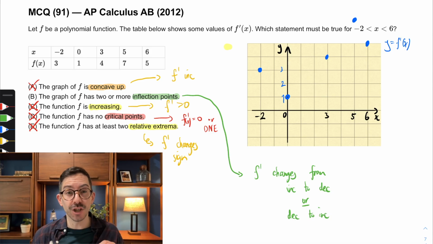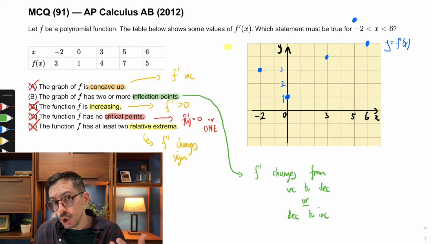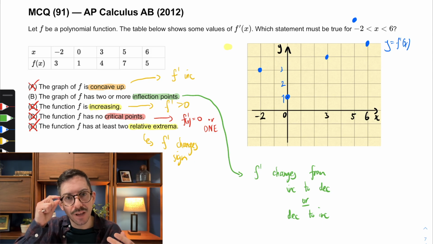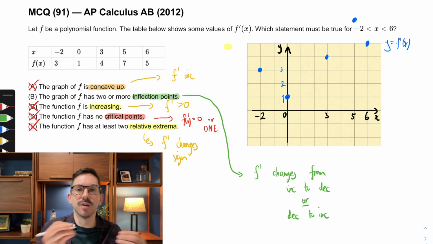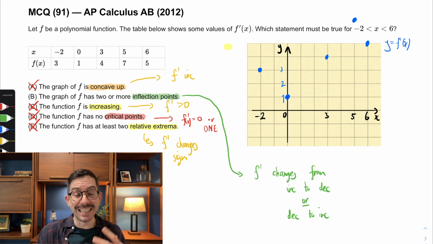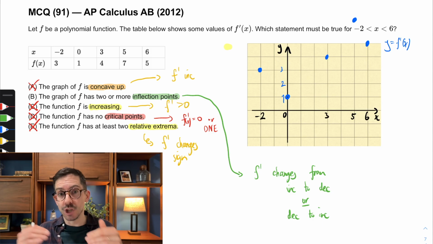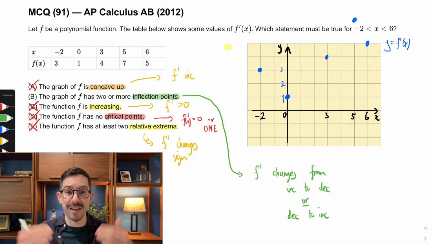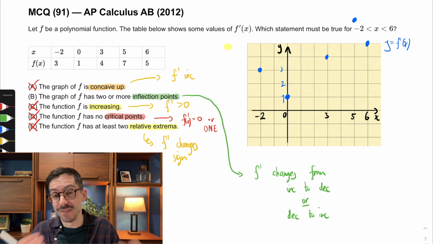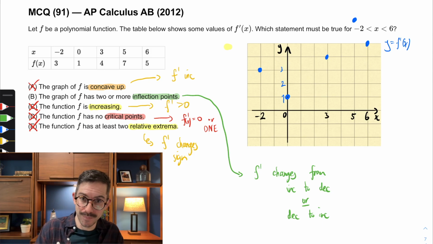Because remember, an inflection point is where concavity changes, going from concave up to concave down, or concave down to concave up. Usually we detect concavity with f double prime being positive or negative. So if the concavity changes, the sign of f double prime is changing. At the level of f prime, if the sign of f double prime changes, the increasing or decreasing behavior of f prime changes, because the derivative of f prime is f double prime.